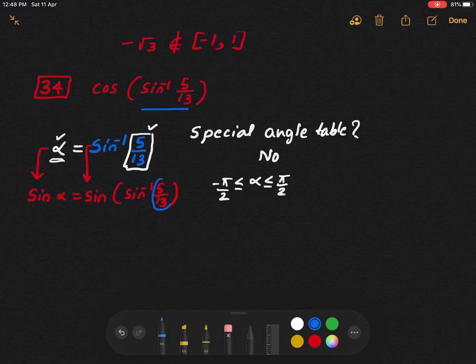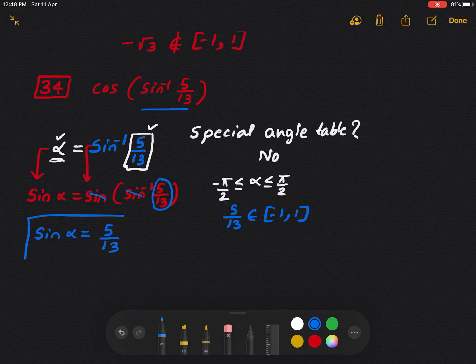This 5 over 13 belongs to the domain minus 1 to 1, so you can use the composition property. So, what will be the answer? Sine alpha is equal to 5 over 13.